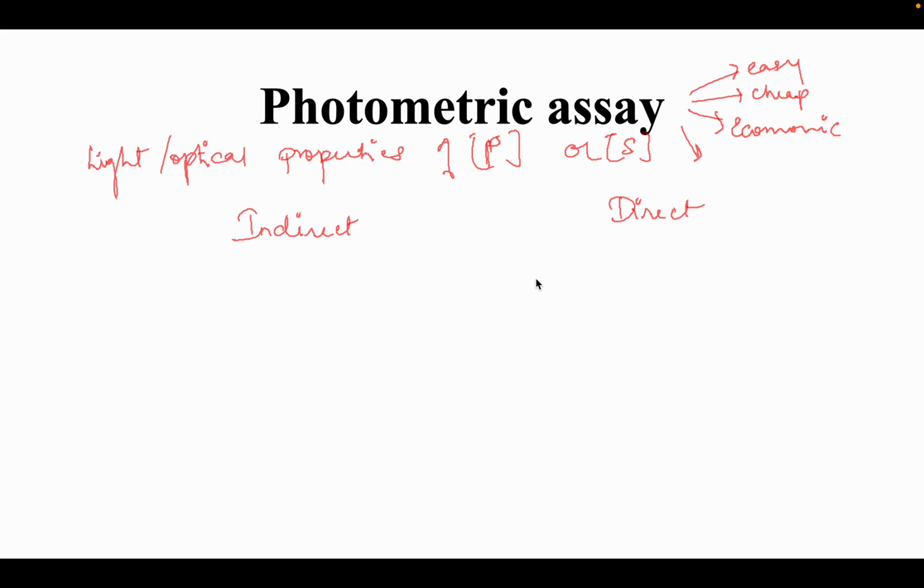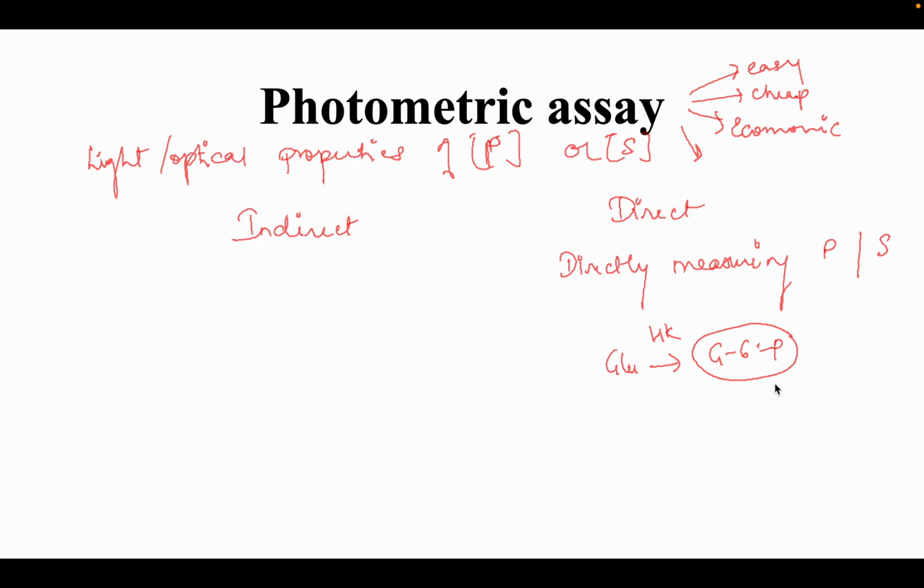In direct assay, as the name suggests, we are directly measuring either the product or the substrate. Suppose we have glucose, which is converted to glucose 6 phosphate by the enzyme hexokinase. This glucose 6 phosphate we can directly measure. Suppose this glucose 6 phosphate is yellow in color, so we can directly measure this yellow color by change in absorbance. So this is a direct measurement.